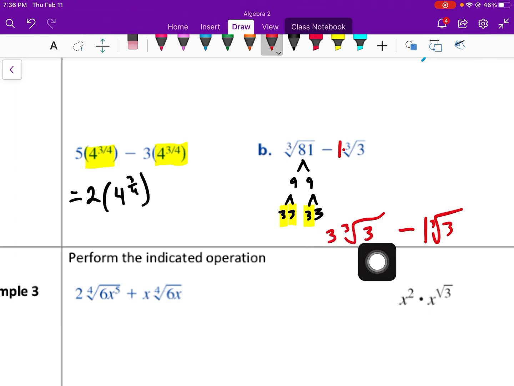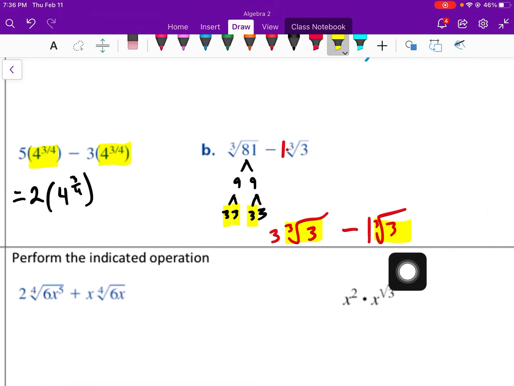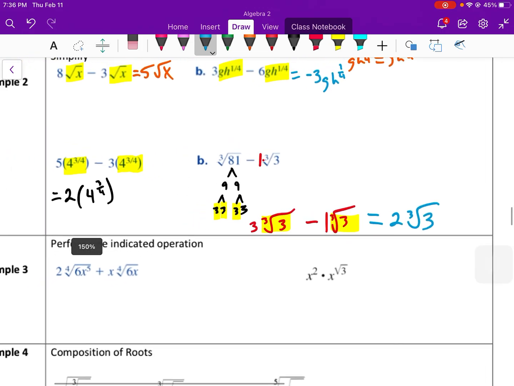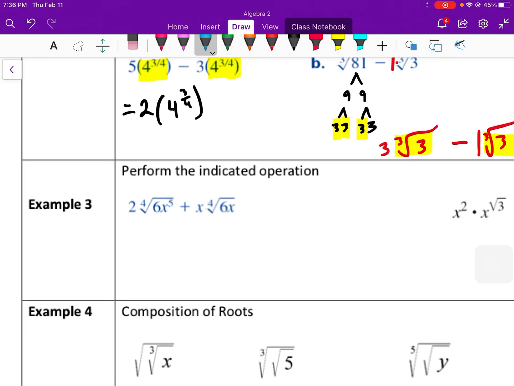Now you can see that it's basically 3 cubed roots of 3 minus 1 cubed root of 3. These terms are the same because we have the same index, the same base, and the same exponent. So now we can subtract them. So when we subtract, it'd be like 3 of this minus 1 of this equals 2 cubed roots of 3.